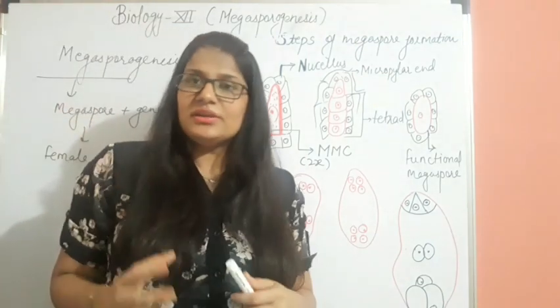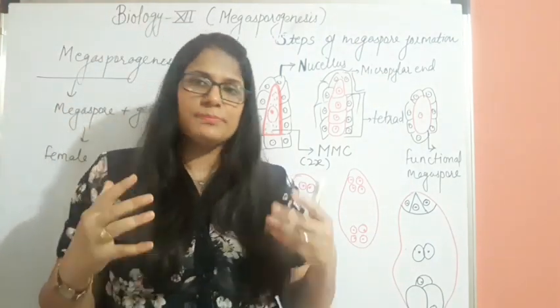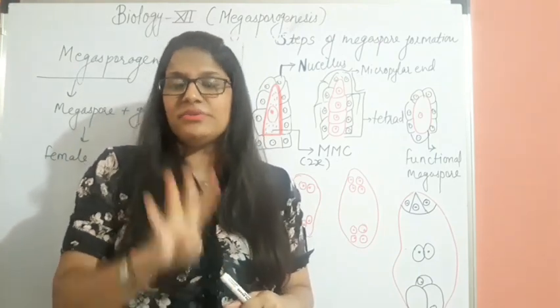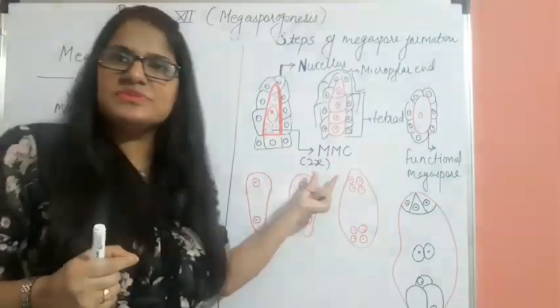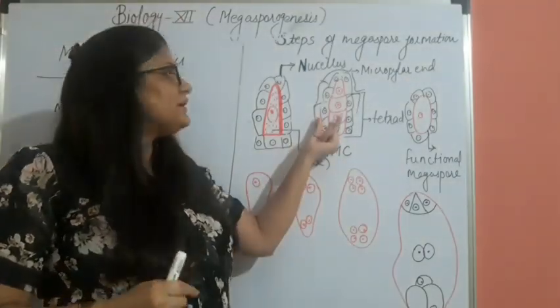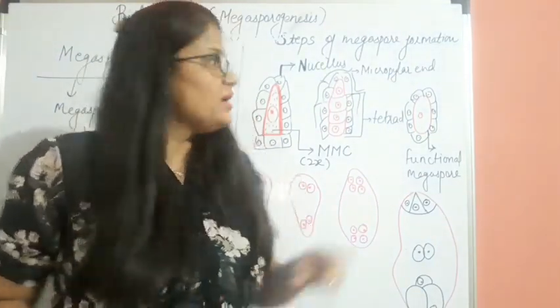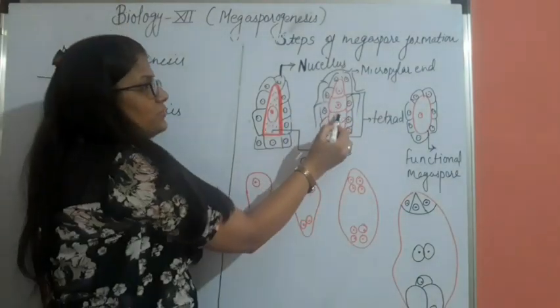As a result of meiosis cell division, after meiosis 1 and meiosis 2, from the one diploid parent cell we get 4 haploid daughter cells. In the same way, the MMC is diploid, so it will form 4 haploid megaspore cells. 1, 2, 3, 4.